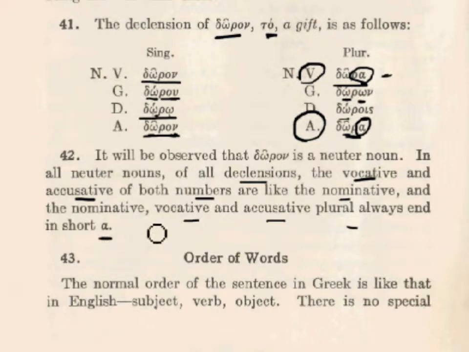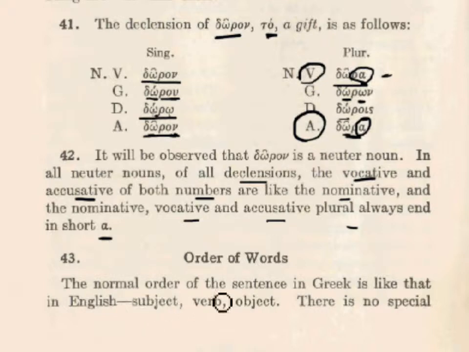So that's the thing to bear in mind, that when you're dealing with words in this particular declension, the second declension, it's going to be a short alpha, and that's why we find the circumflex there.